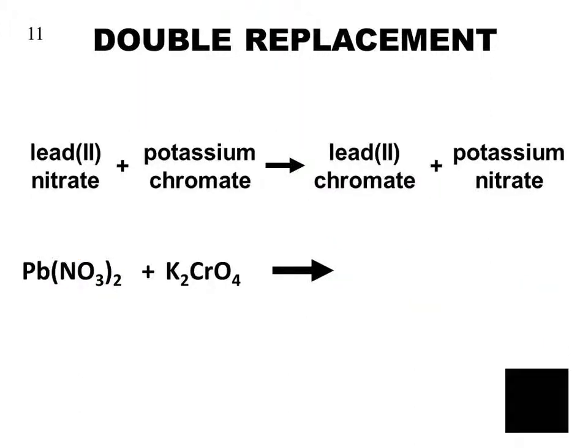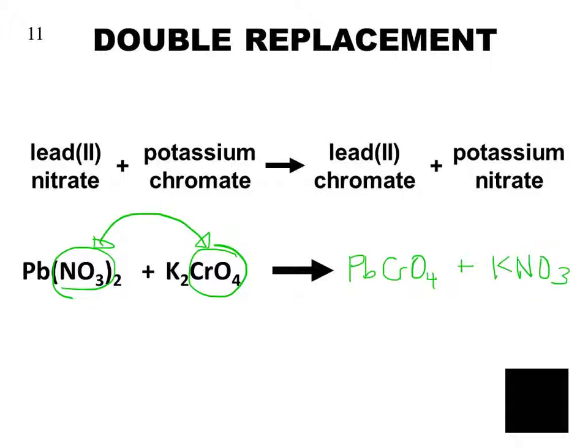Now in this example, we have lead nitrate reacting with potassium chromate. And if we do a double replacement, we're going to take the nitrate and the chromate and swap places. So you end up with lead 2 chromate and potassium nitrate. Now again, you can go ahead and pause it and balance the reaction.